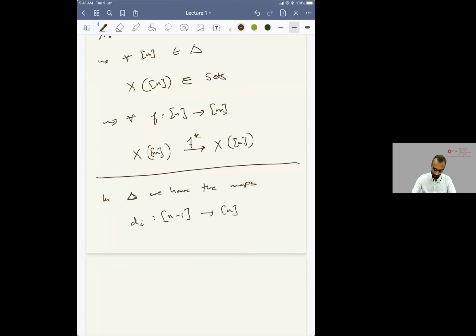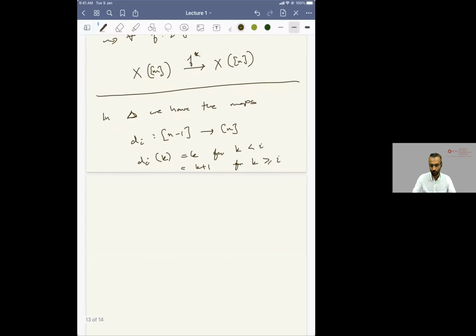So di of k is equal to k for k strictly less than i, and it's equal to k plus 1 for k bigger than or equal to i. So those are one collection of maps. I showed you the di's for the small values of the simplex size, for n equal to 0, 1, and so on. I showed you what these maps are.